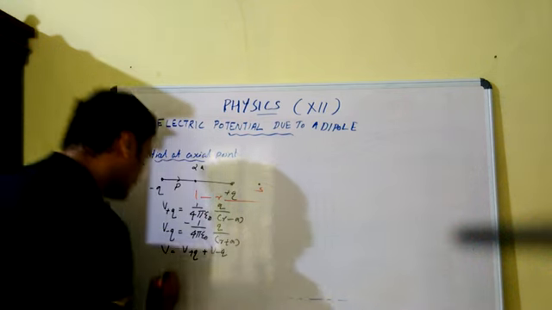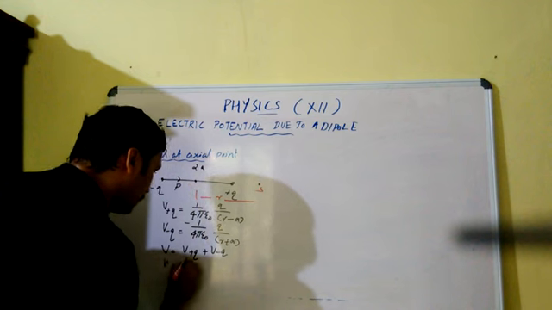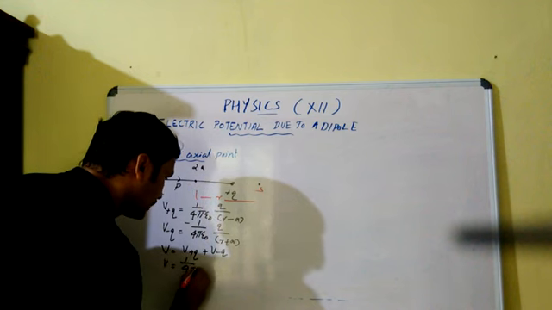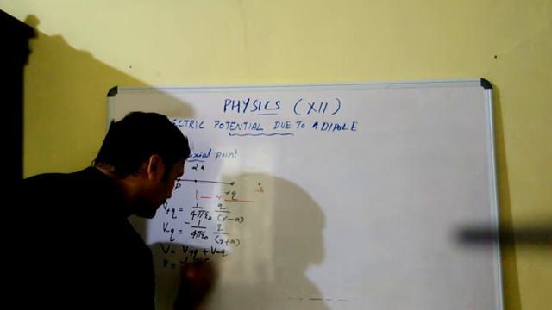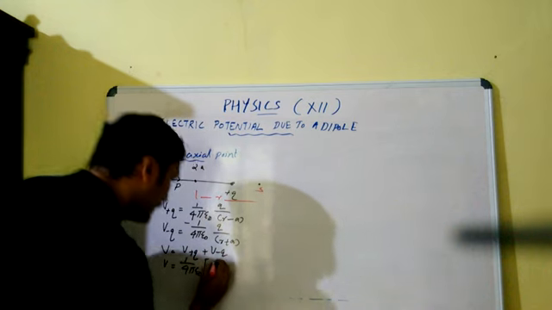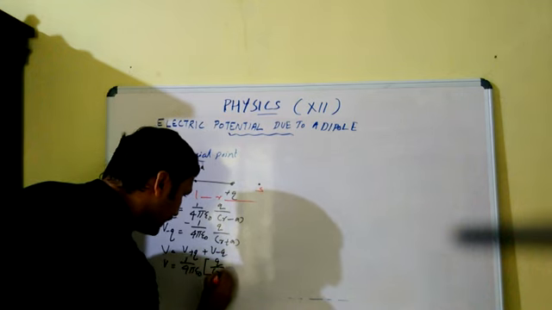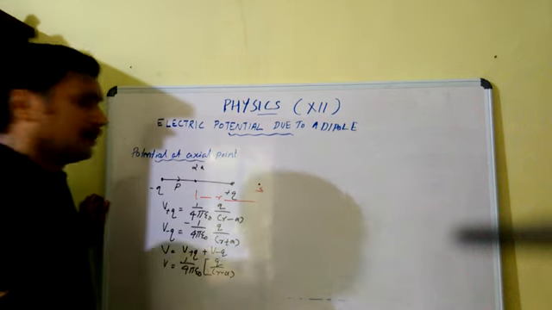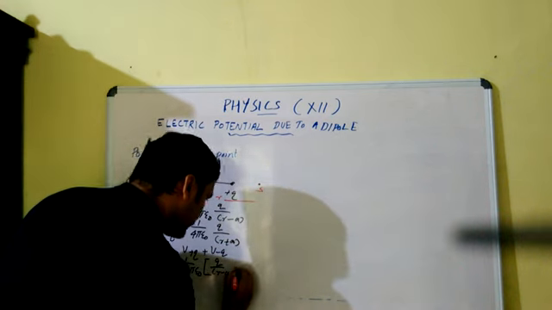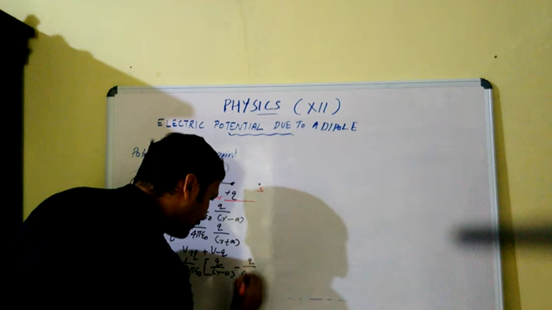Add them. That is, V is equal to 1 by 4 pi epsilon 0, which is common, and inside the bracket we have Q by r minus a, plus minus, so it is minus Q by r plus a.